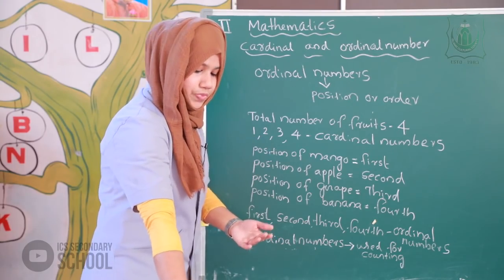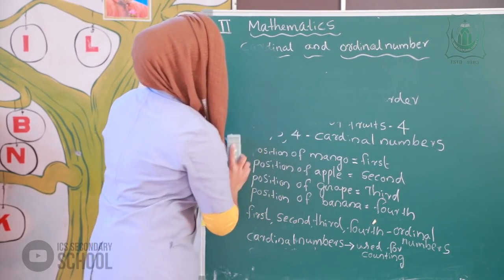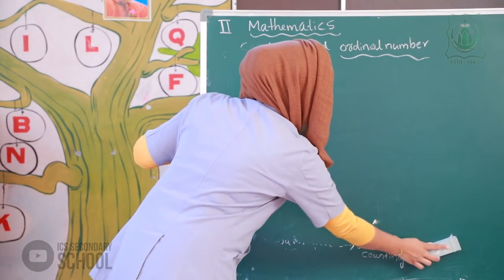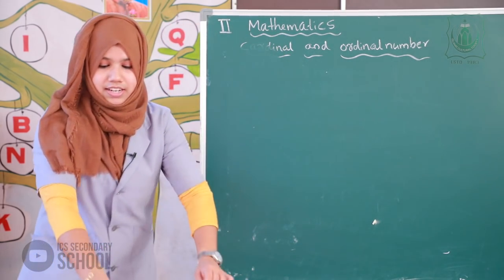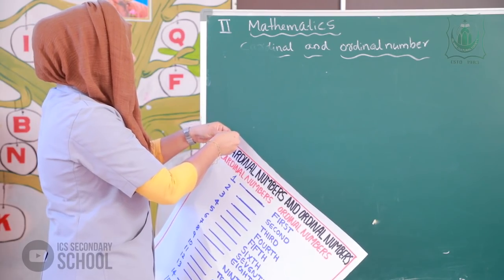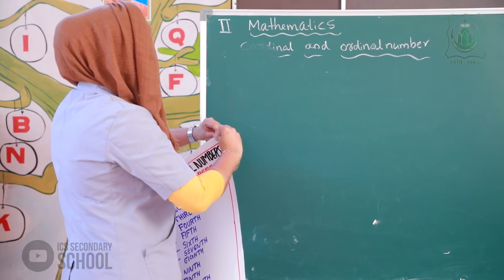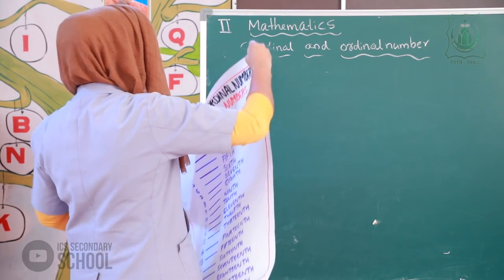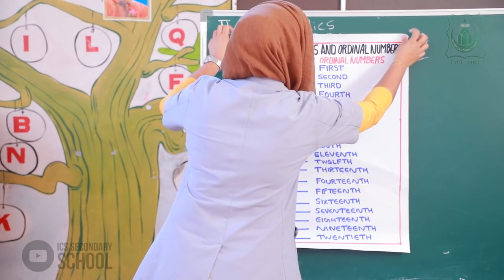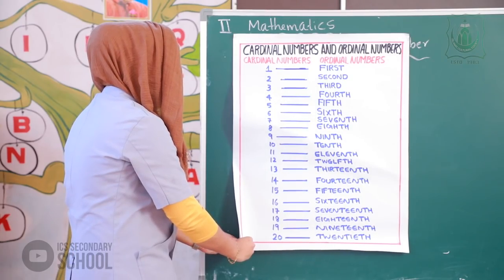So, now we can study about the cardinal numbers and ordinal numbers up to 20. I will show a chart here. So, today we are going to learn about the cardinal numbers and ordinal numbers.